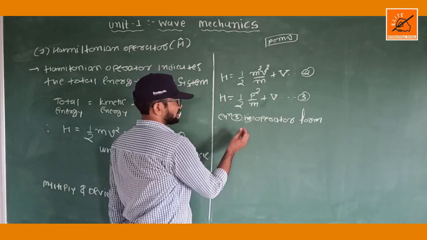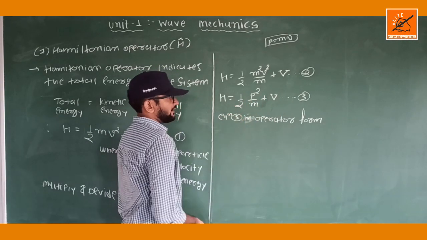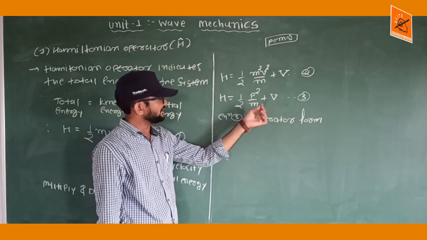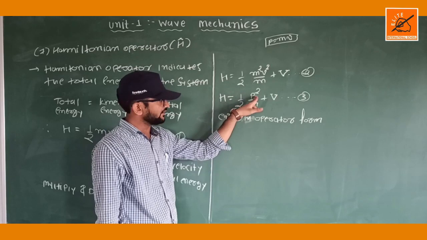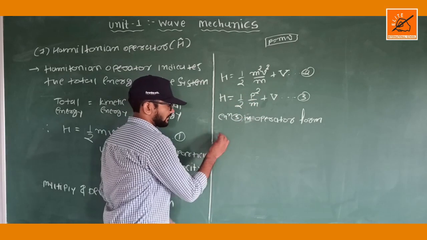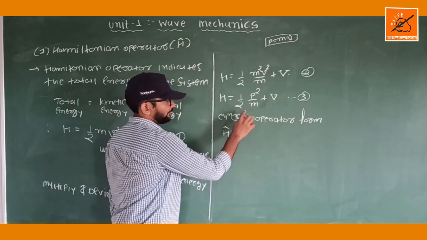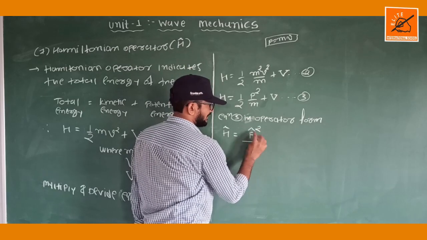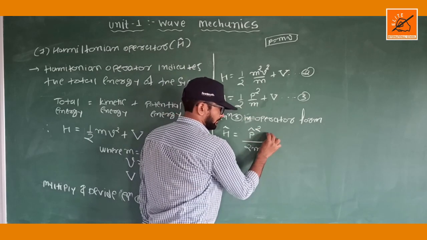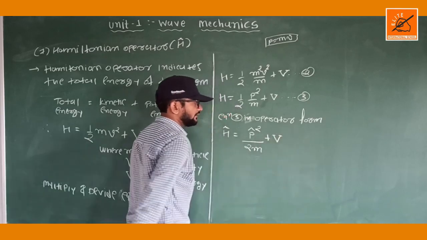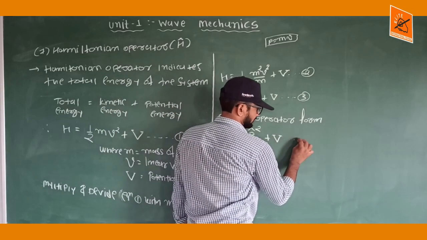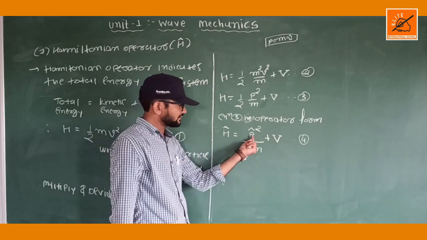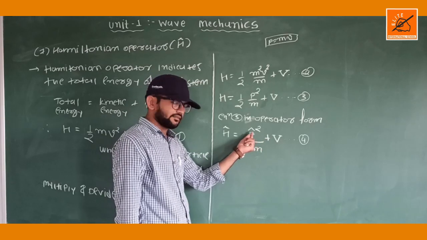In equation 3 there are two types of operator. The first one is the Hamiltonian and the second one is the momentum operator. So H cap is equal to p cap square divided by 2m plus capital V. This is equation number 4. Now, p square is the momentum operator in 3 dimensions.